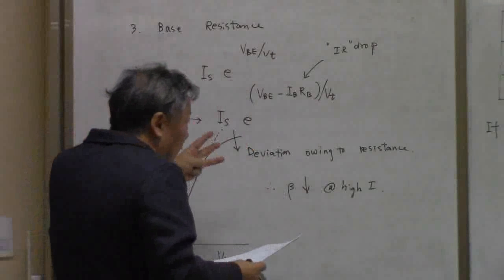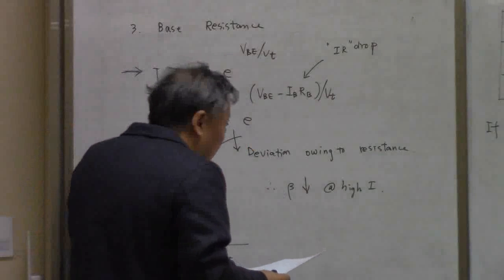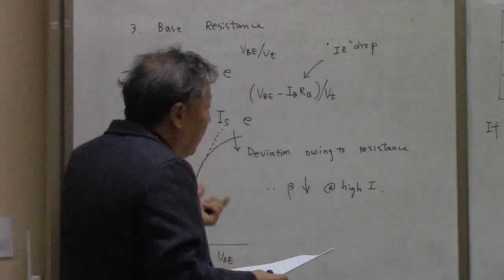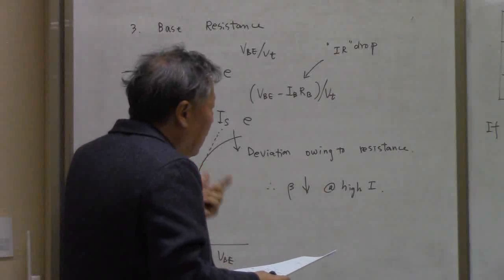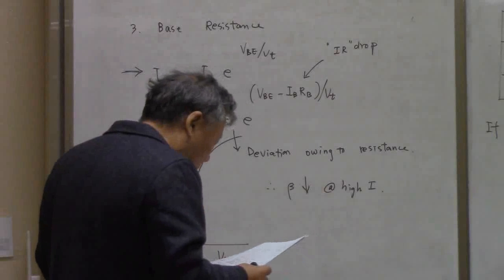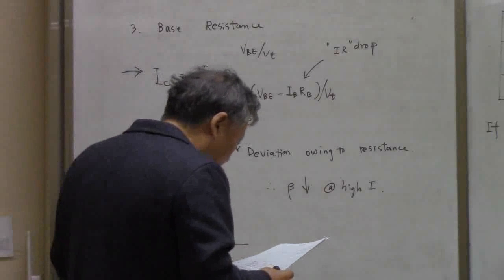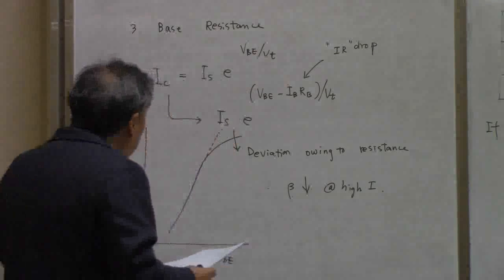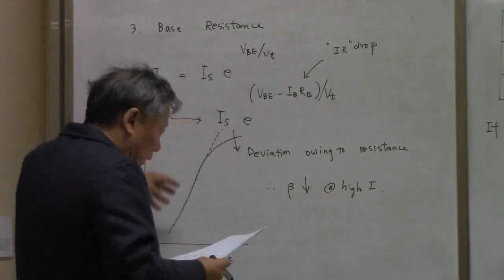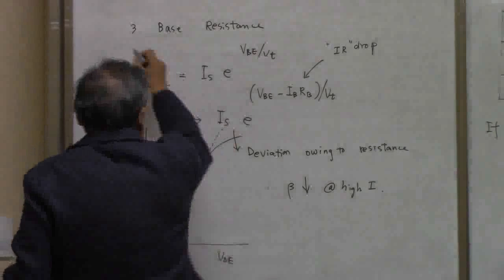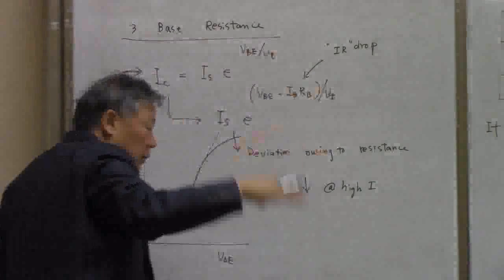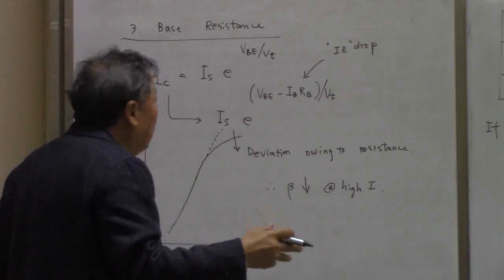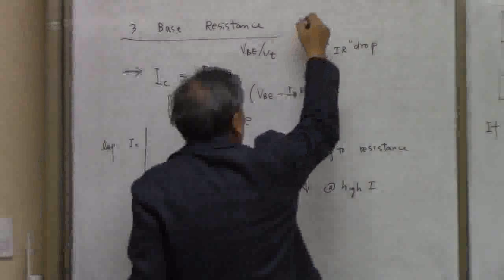So these three factors are going to influence the transistor functions, especially the gain at high currents. In practice, for the base resistance, we have to keep the base dopant concentration as low as possible to have a high beta, right?